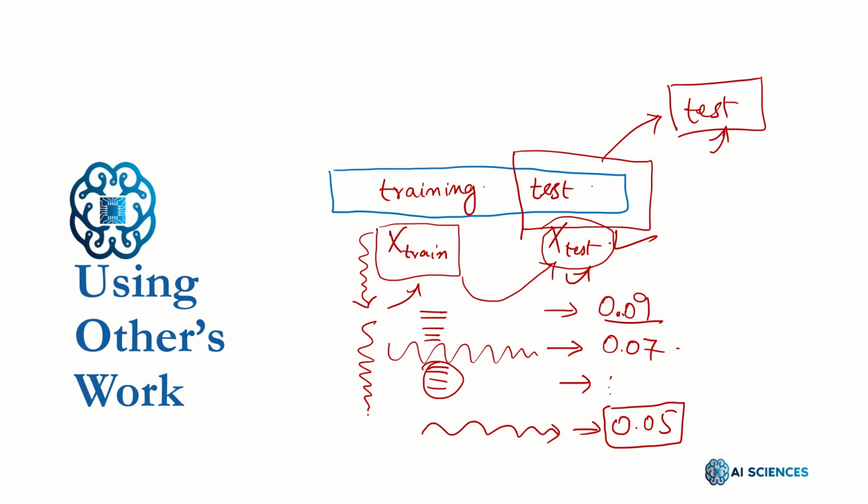After reading all this work, you have actually explored a bigger hypothesis space based on this test data. And this test data is helping you narrow down some of the parameters that you may tune to get better performance. So this test data is actually helping the training process that is going on in your mind by reading others' work. And that is one part of data snooping that is really subtle.